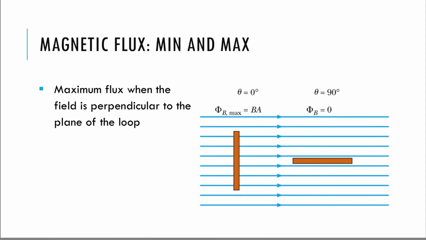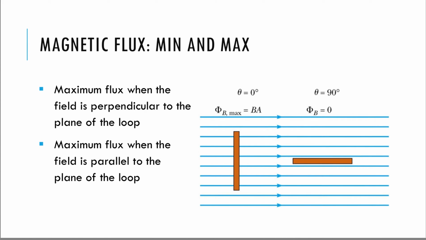In the second picture, what we see is that the normal is up here or down, doesn't matter, but you can see that the normal is at a 90-degree angle to the magnetic field that was going to the right.